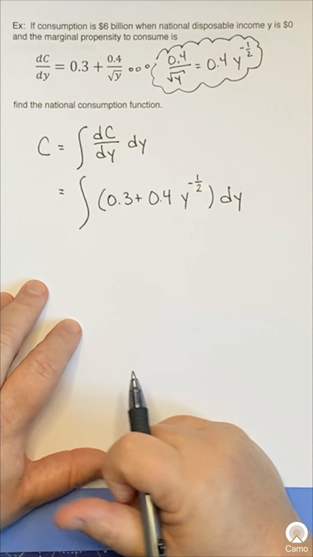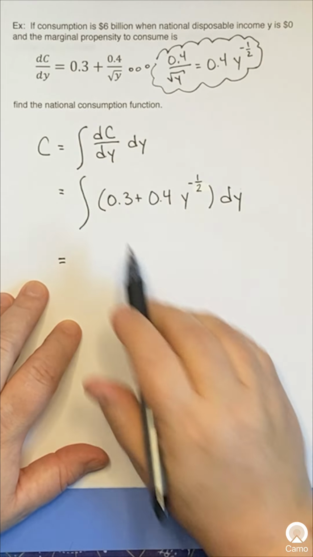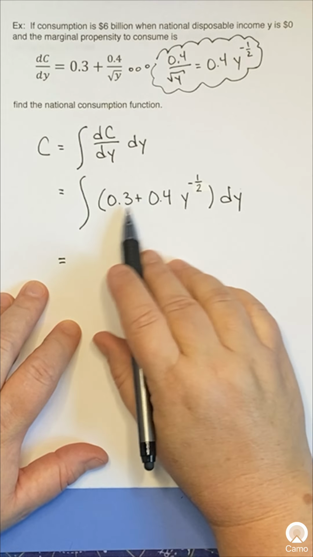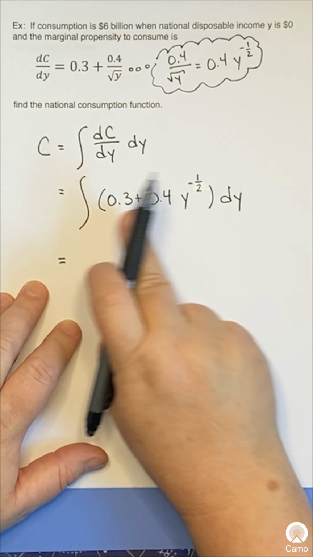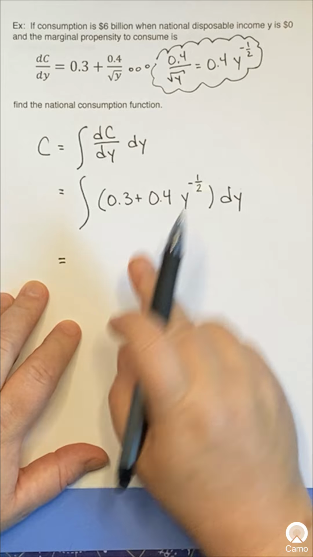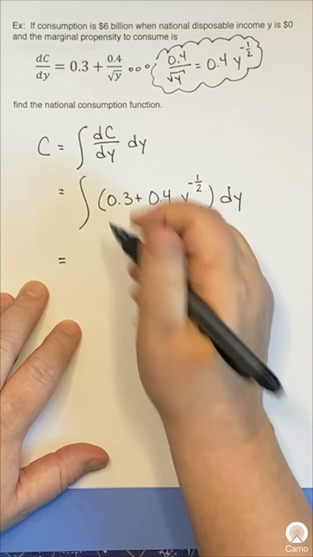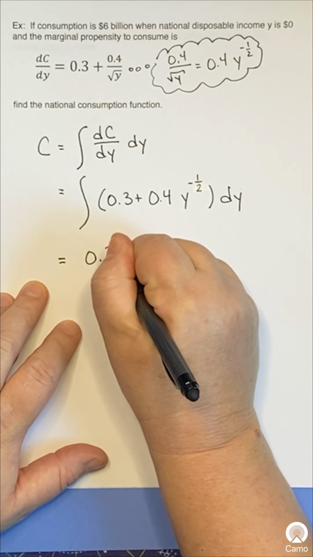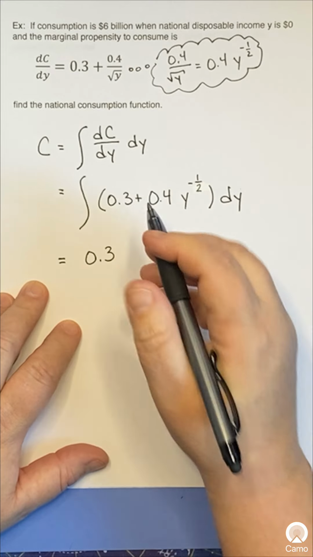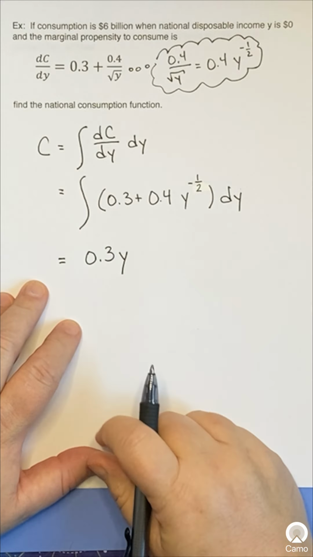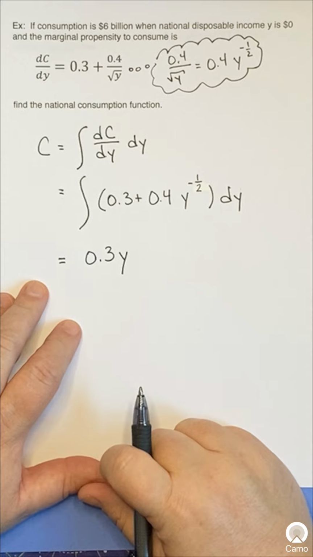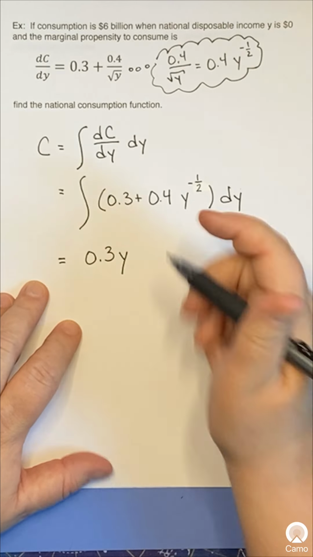Okay, so far so good. This is the sum of two terms, so I can integrate term by term. 0.3 becomes 0.3. Remember, we're integrating with respect to y. 0.3y. It's just like integrating with respect to x, except now we're using y's. Okay?